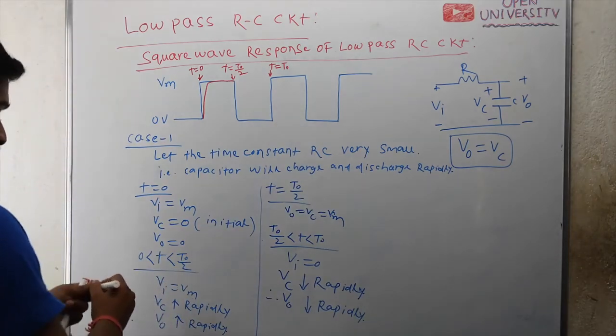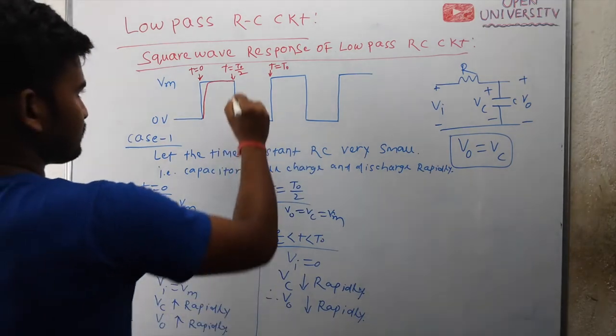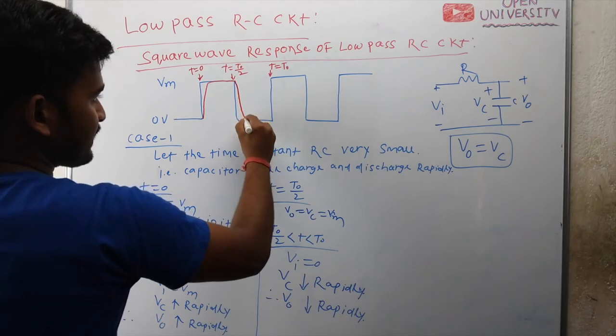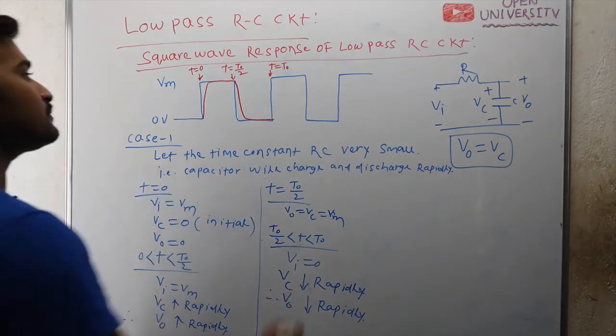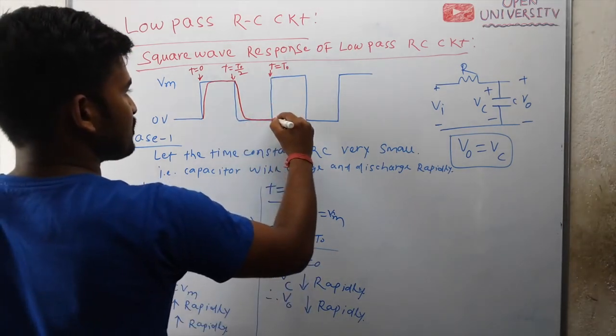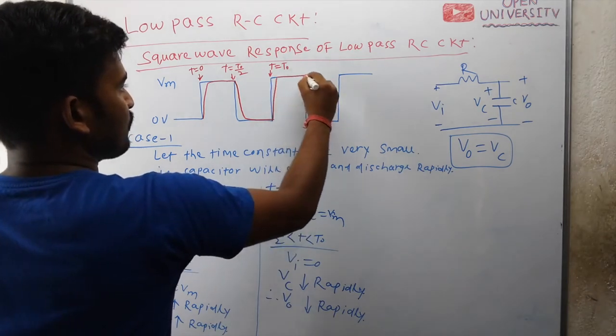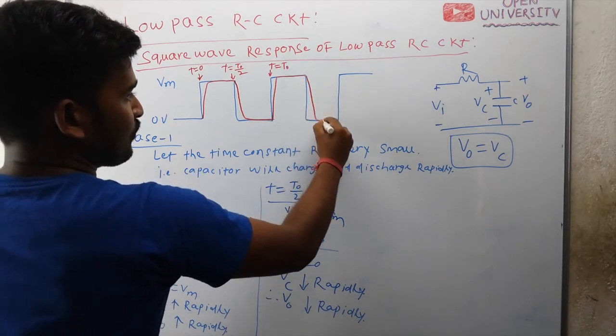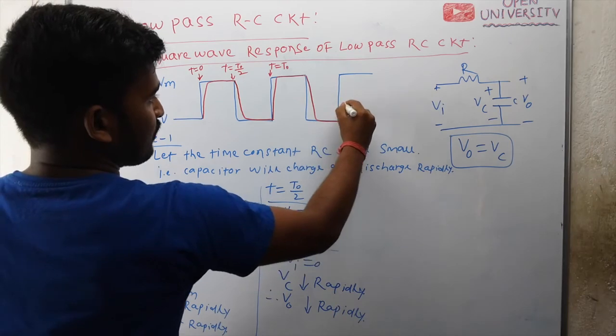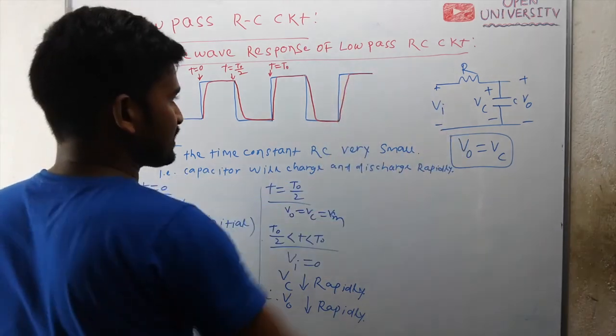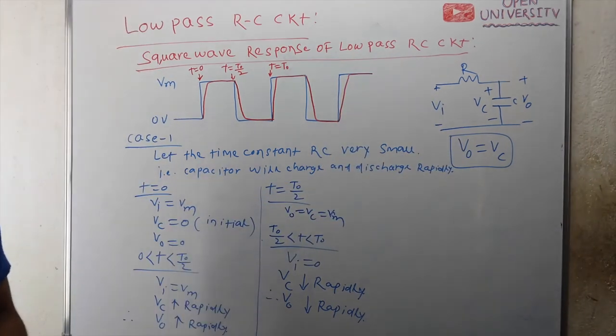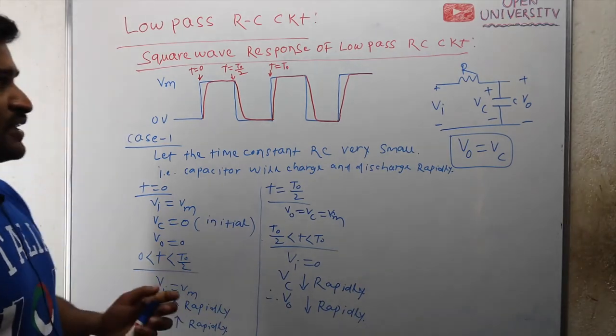So if you want to obtain the output waveform, output voltage will decrease rapidly like this, and this process will continue. This is the output waveform of this low pass RC circuit when the time constant is very small.